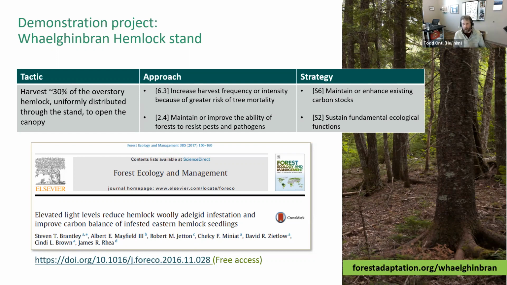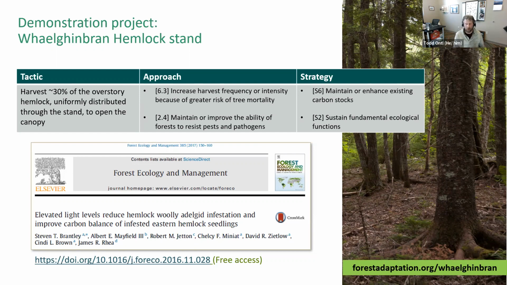Just to jump in here to add one other point, given that this is a carbon offsets project, they normally wouldn't have made a decision to do any harvesting. And so this is really a departure from what their normal project management would be, which is to just let the hemlock continue growing and storing carbon on the site.